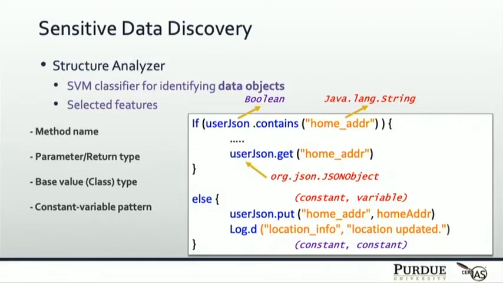Our key observation is that when these labeled elements are involved in data read or write operations, almost always these operations are related to sensitive information. Such evidence could be as simple as the presence of specific keys in the method name, like get, put, set, something like that.